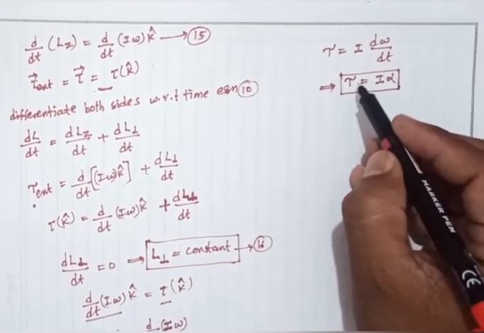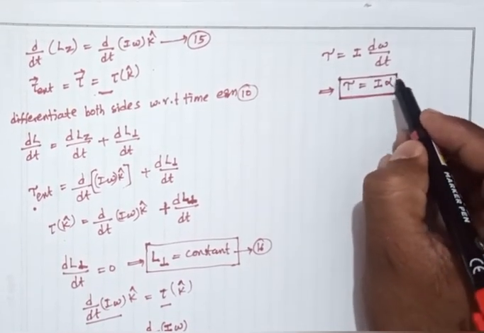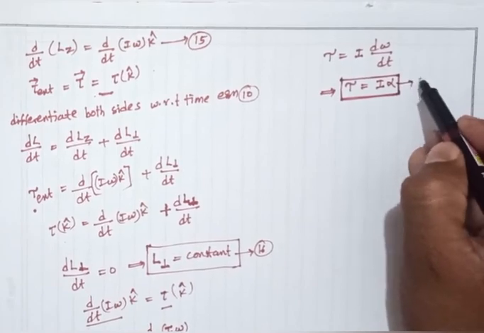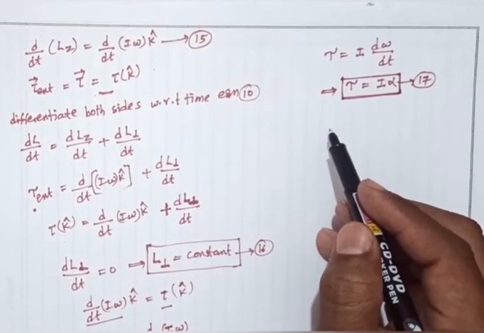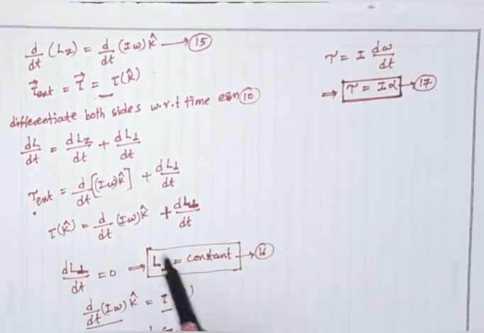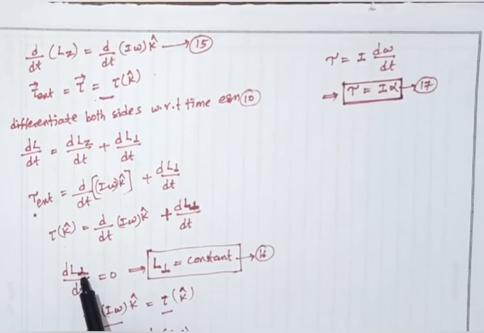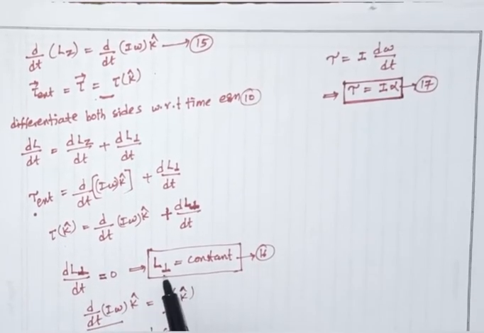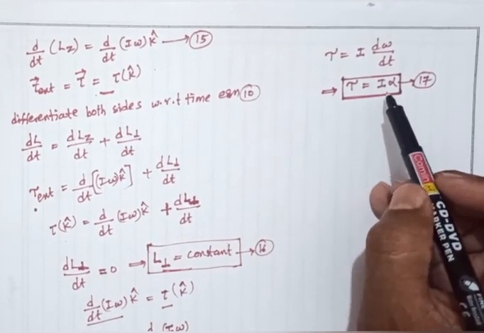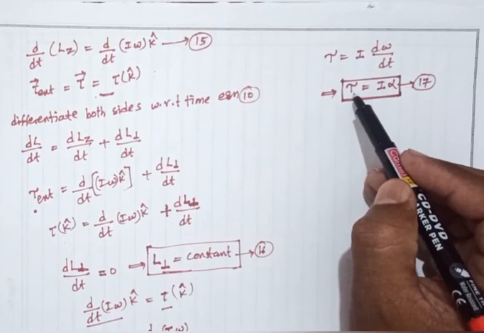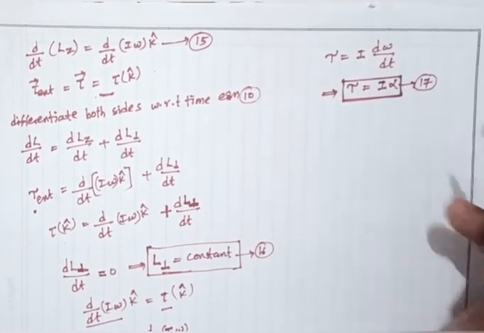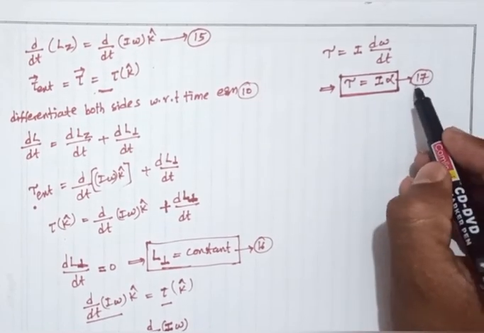The total moment of force equals moment of inertia times angular acceleration. This is equation number 17. The rate of change of the perpendicular angular momentum is 0, so it is constant. For a rotating body with a fixed axis, the moment of force tau equals I alpha, moment of inertia into angular acceleration. This is equation number 17.